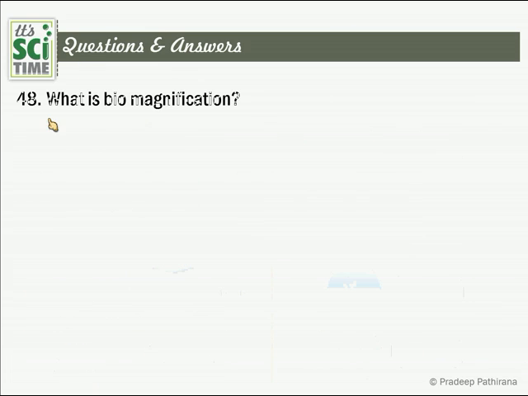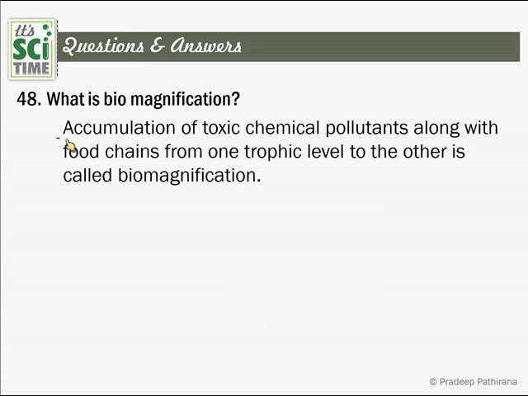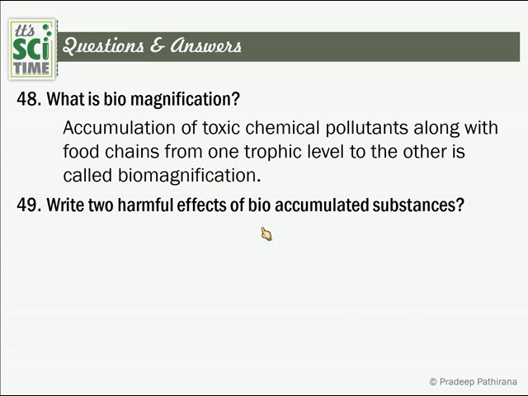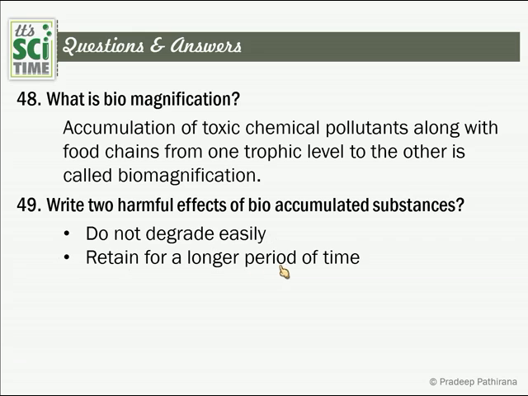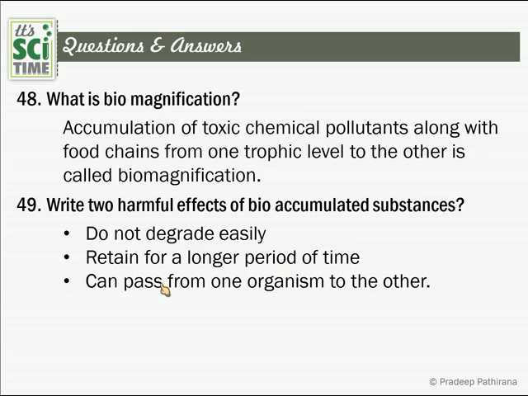Questions and answers. What is biomagnification? Accumulation of toxic chemicals or pollutants along the food chain from one trophic level to the other is called biomagnification. Two harmful effects of bioaccumulated substances: they do not degrade easily, that means they stay a long time and are retained for a long period of time, and they can pass from one organism to another, and they are soluble in lipids.